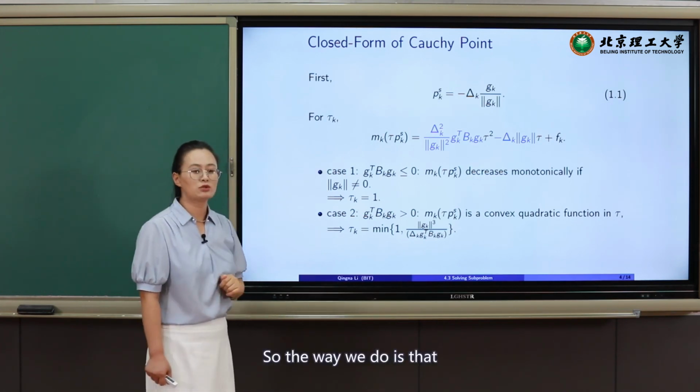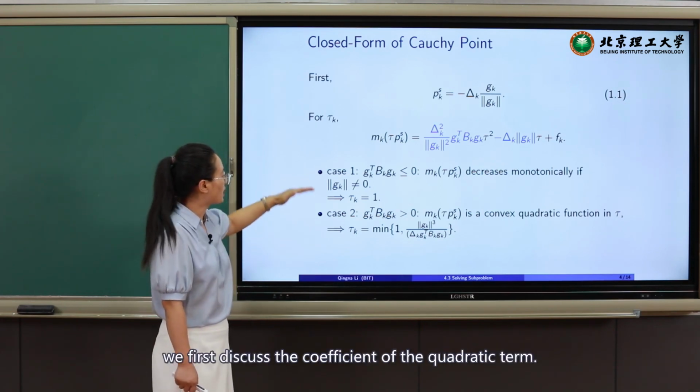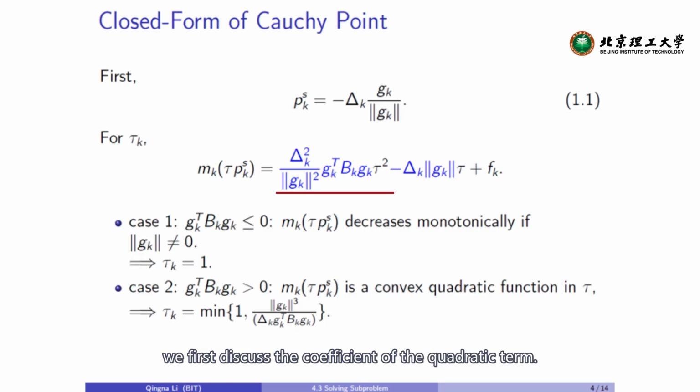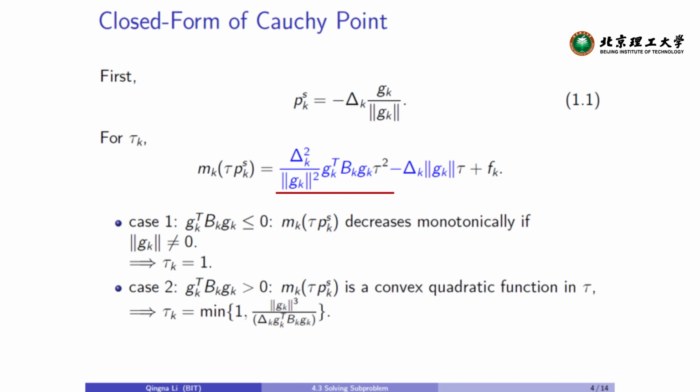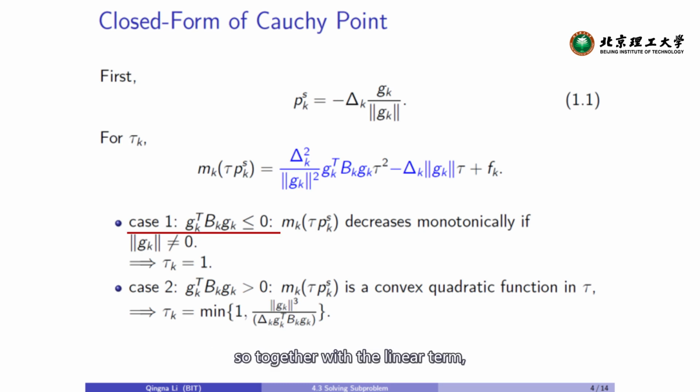In this sense, we try to find the minimization. The way we do it is that we first discuss the coefficient of the quadratic term. If the coefficient is negative, then together with the linear term, the model function takes the following shape.